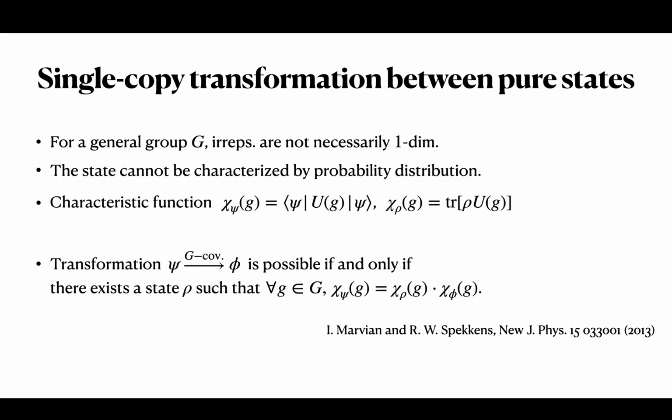Then Marvian and Spekkens showed that the transformation from psi to phi by G-covariant operation is possible if and only if there is a state rho such that the characteristic function of psi can be decomposed into that of rho and phi. Actually, this paper is very nice, and we use results from this paper many times.